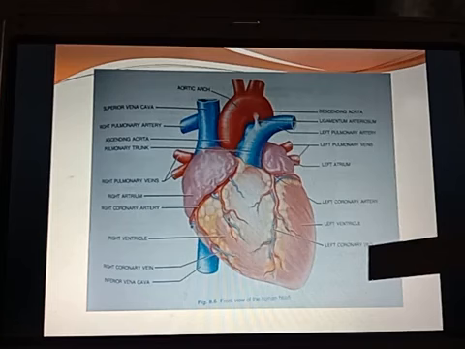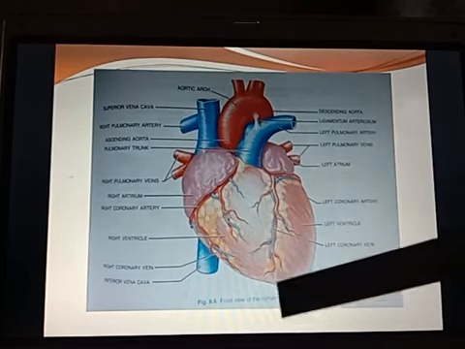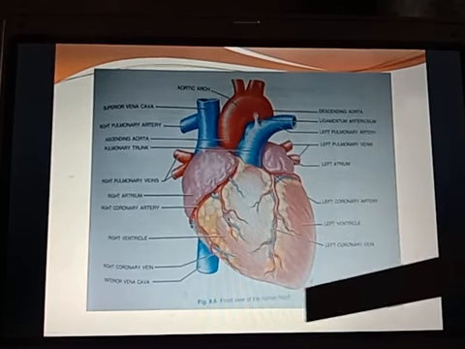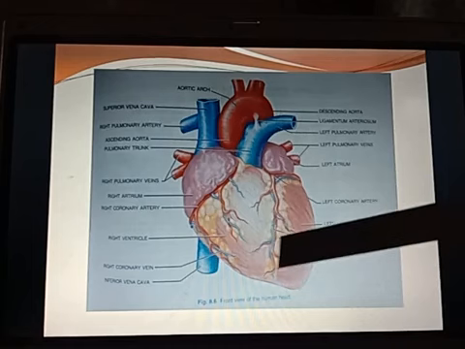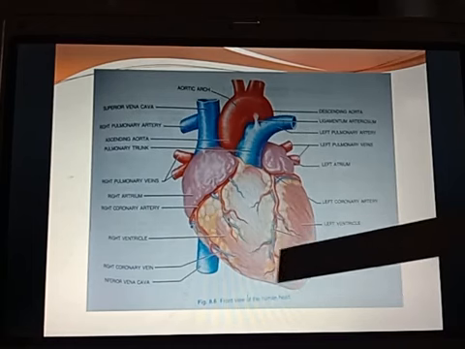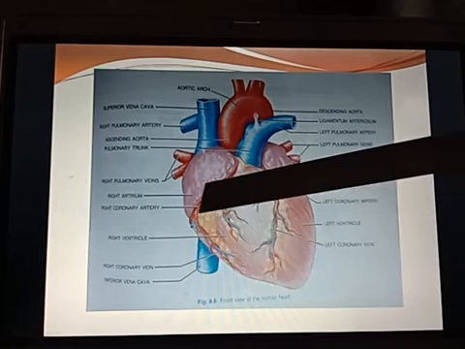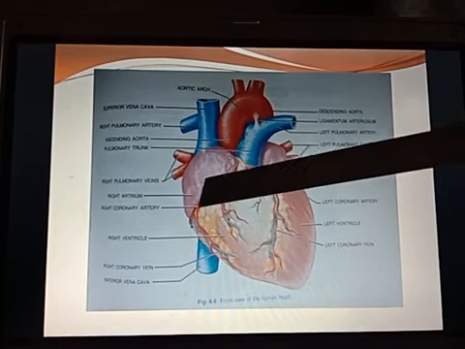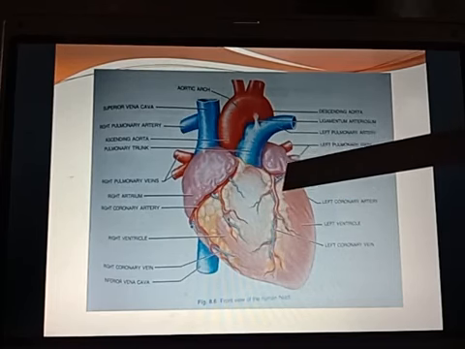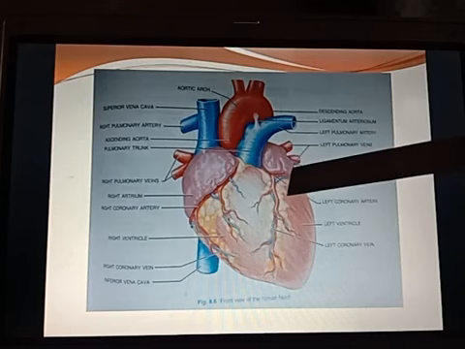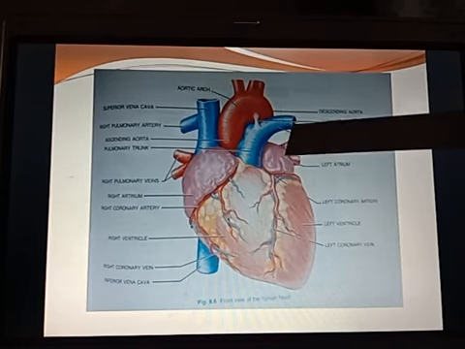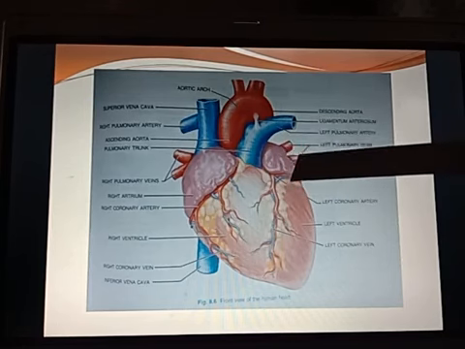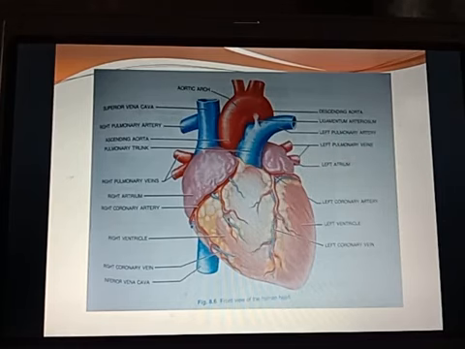The heart is roughly tilted towards the left side. This is the apical portion, the tapering end. The lower portion consists of the ventricles: left ventricle and right ventricle. Above are the right atrium or right auricle, and the left auricle or left atrium.